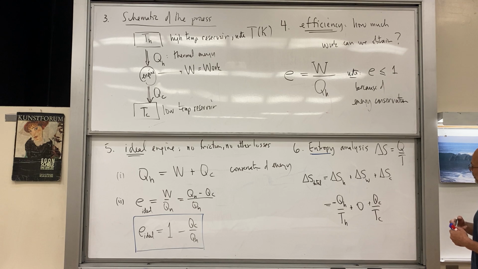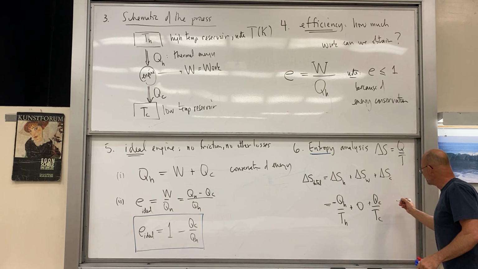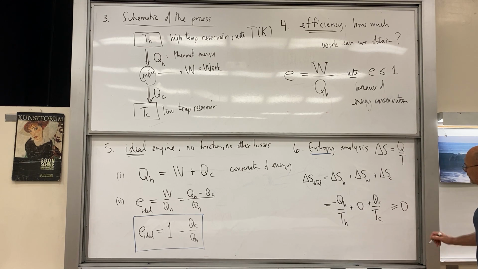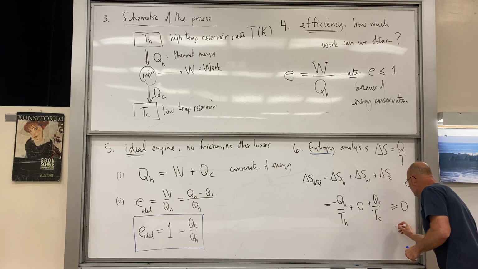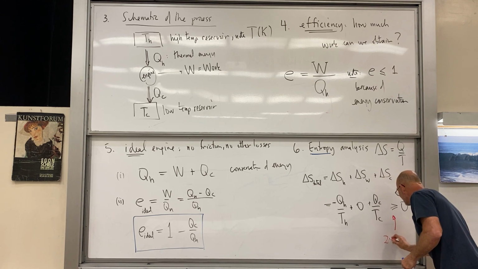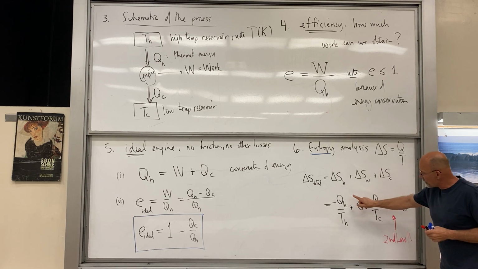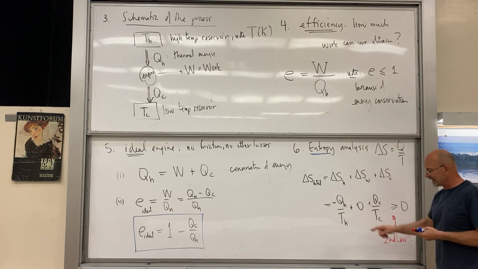What we had seen was that energy flowing from hot to cold means that this is always greater than or equal to 0. So what I've done right here is my second law of thermodynamics. Second law! So all that remains for me to do is to draw some conclusions out of this inequality.